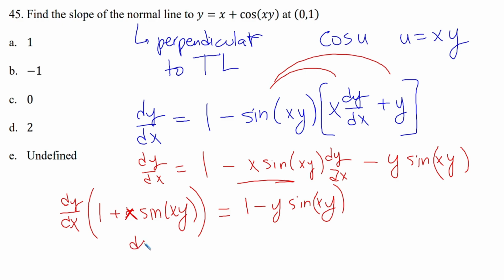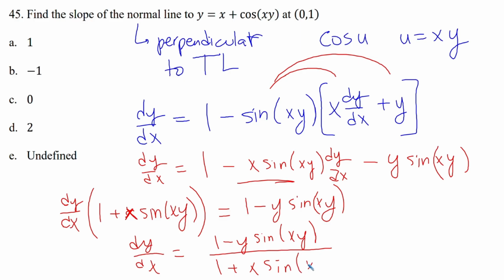And when we divide, we get dy/dx equals 1 minus y sine xy divided by 1 plus x sine of xy. And all we have to do is plug in our values of 0 and 1 for x and y.